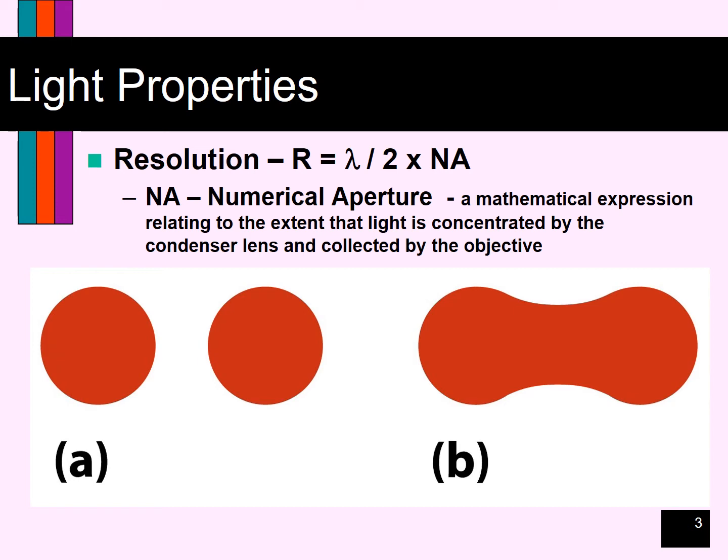And so you can calculate the resolution for each of the objective lenses on your microscope by finding that value and then plugging it into this equation and taking an average of the wavelength of visible light, and you can calculate an R value. I'll talk about the R values for the oil immersion objective when we're talking about the features of the different microscopes.